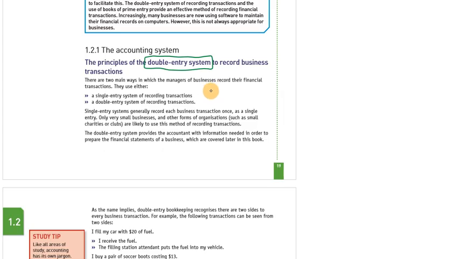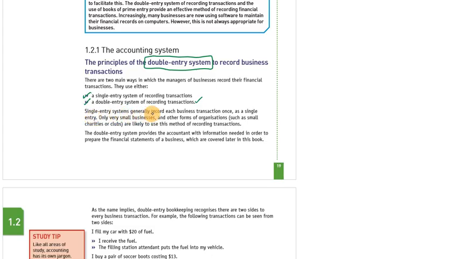In business environment, we can use two recording systems. Number one is the single entry system of recording transactions, and number two is the double entry system of recording transactions. But nowadays we use the double entry system.